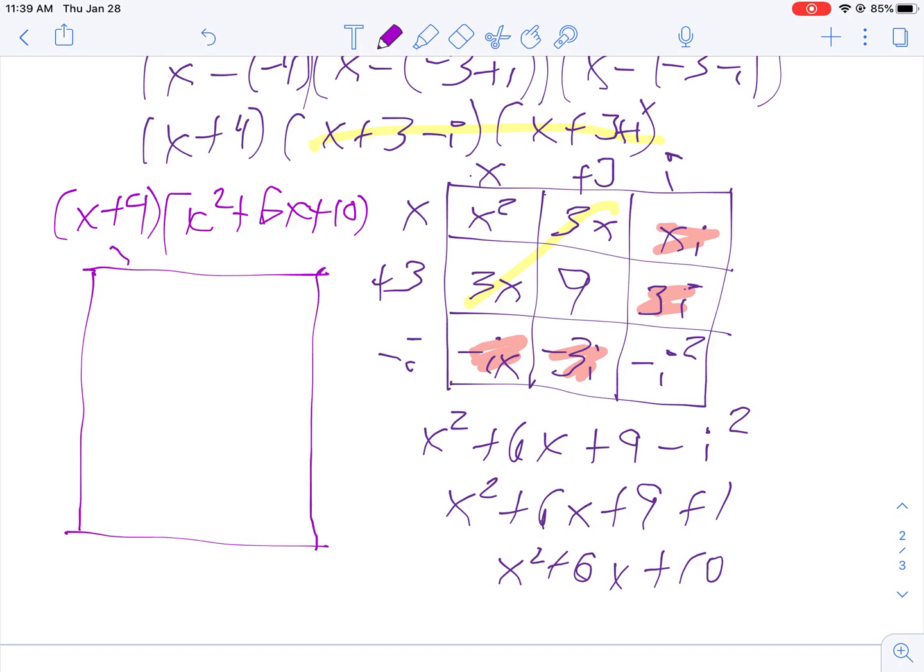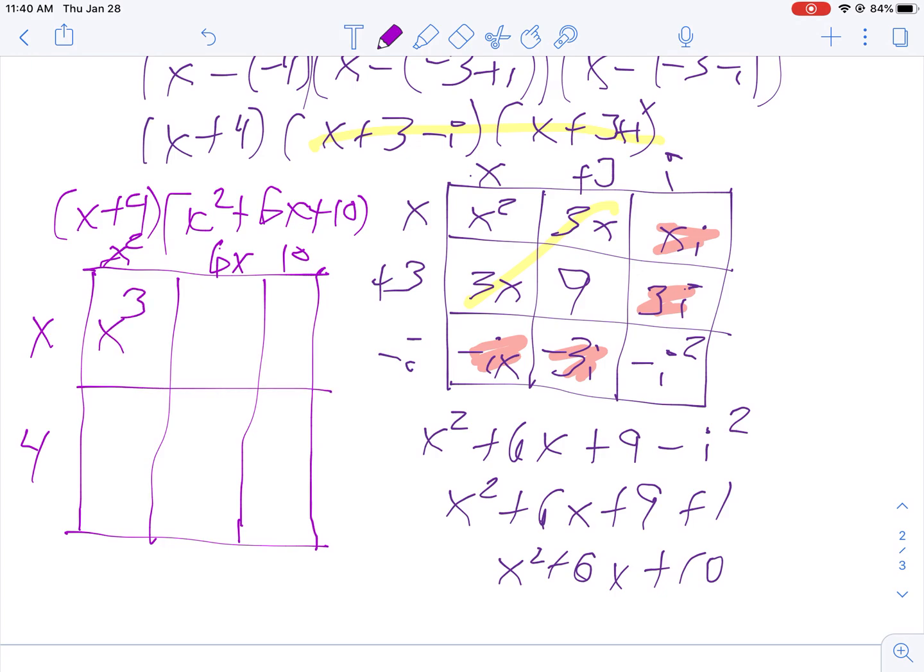So I'm going to go x squared plus 6x plus 10, and multiply that by x plus 4. So we get x cubed plus 6x squared plus 10x. And I'll get 4x squared plus 24x plus 40.